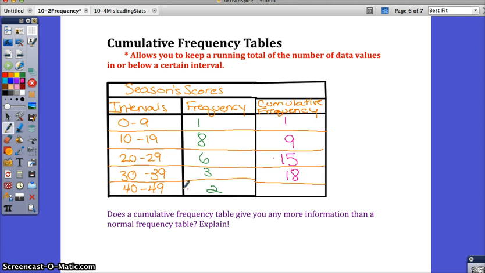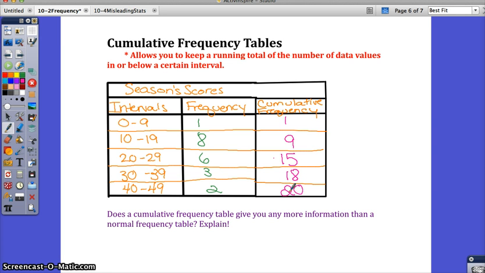And under 49, we're adding 2, gives me 20. So the last column of a cumulative frequency table is just how many data values you've had up to that point. We just keep adding on the new ones in the next interval to get the total.